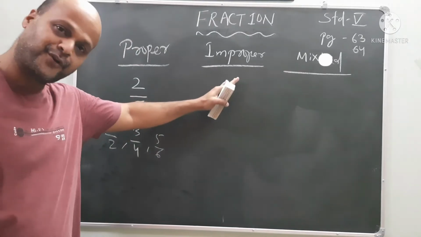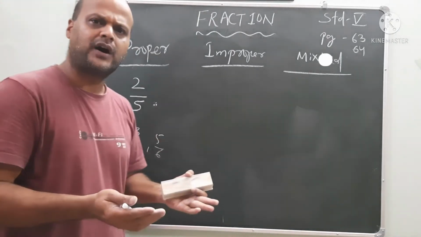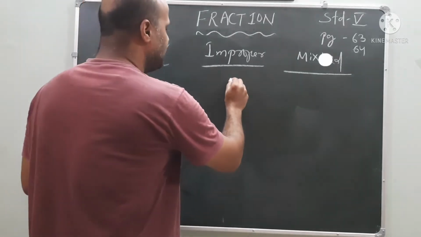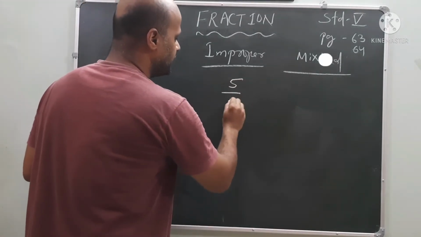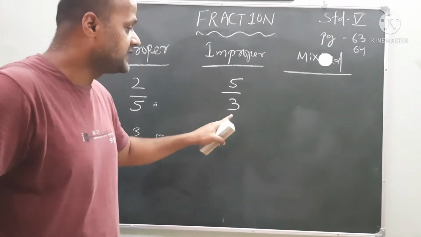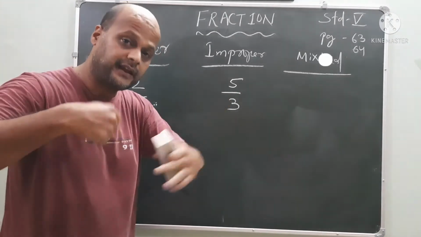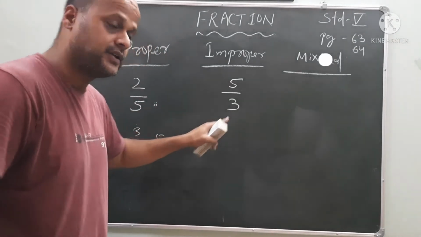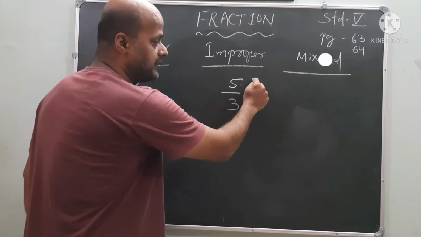Understood, my dear friends? So come to the improper one. Improper is the reverse one. What is the reverse one? If the numerator is greater than the denominator. Which one is the numerator? 5.